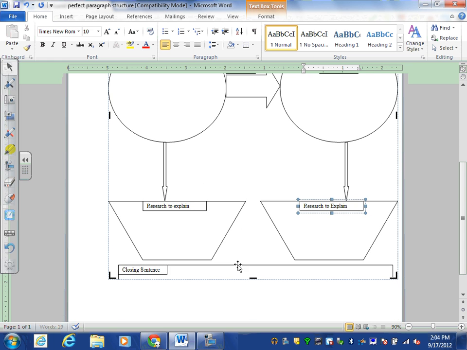Then you conclude. You have some form of closing sentence right here that wraps up with one final thought that you want to leave your audience with, something that really puts everything to a close on your position of who Dexter is, a serial killer or a vigilante. Okay?